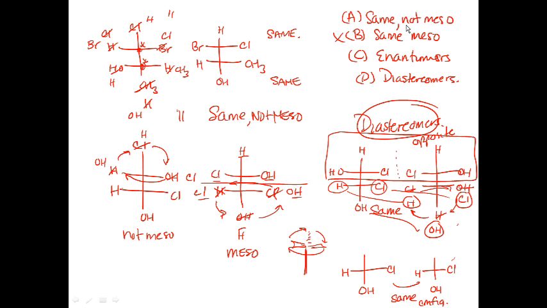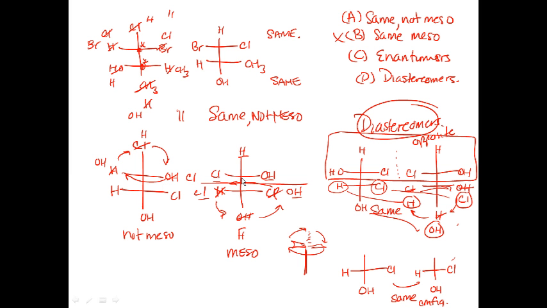Okay, so whenever you have the possibility of the meso, with the two chiral centers having the exact same groups attached to them, you have to rotate the molecule to see if the first molecule is meso or if the second molecule is meso. Okay, and so you have no choice but to manipulate those molecules, because if they were the same meso compound and you determined R and S, you'd find out they had the same configurations.